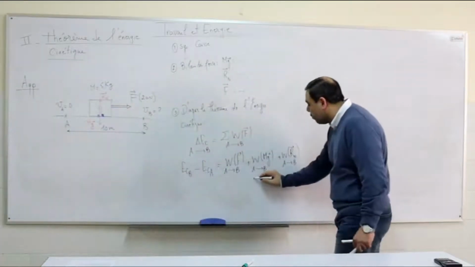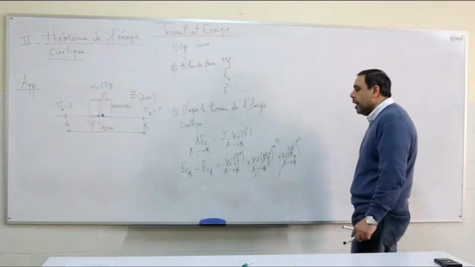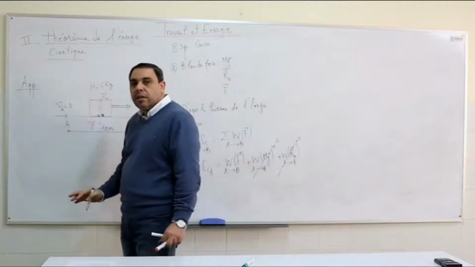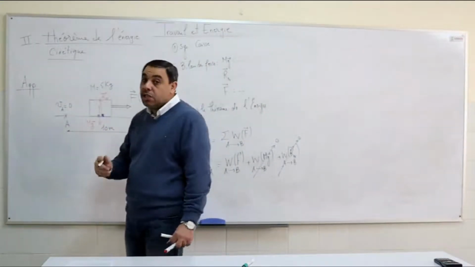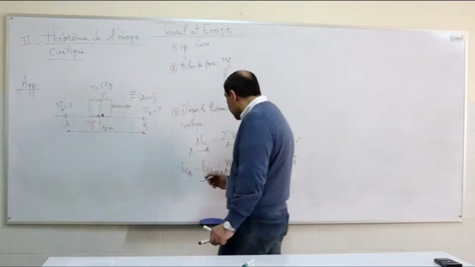Then the work of each of these two forces is 0. Now the box starts from rest at point A. The speed at A is 0, so there's no kinetic energy at point A, because the kinetic energy depends on the speed.